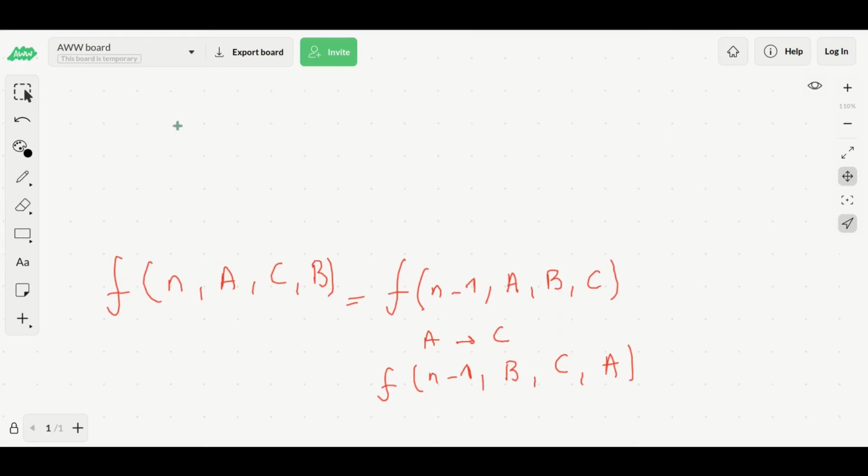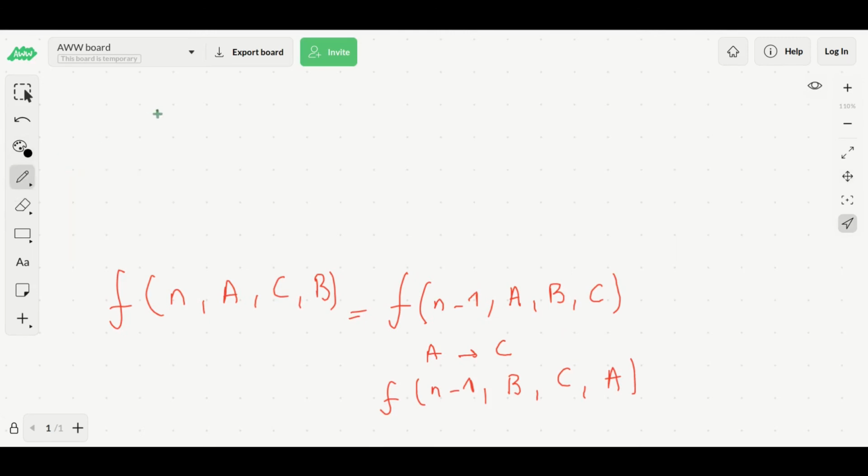So let t of n be equal to the number of moves to solve Hanoi of n. Okay, so what does this formula tell us?